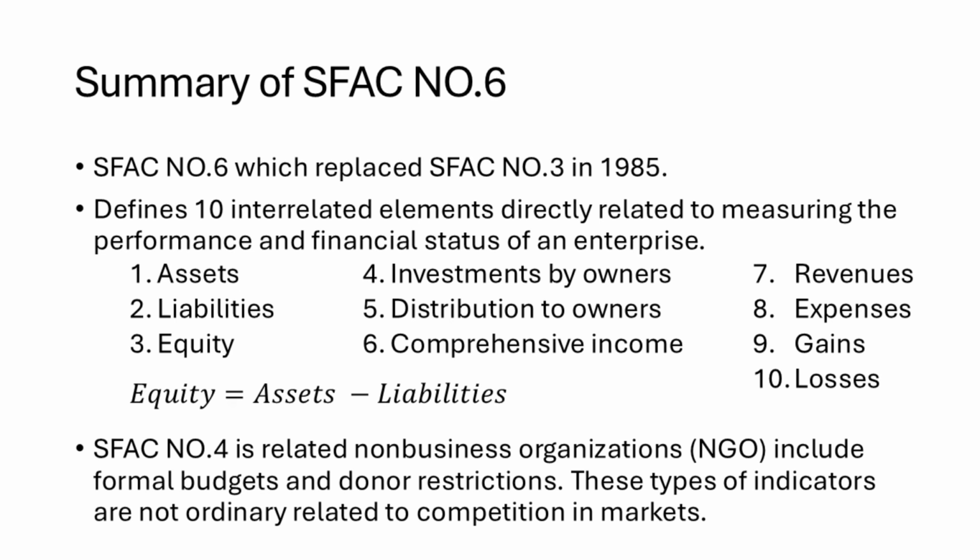So what are they? Okay, the first is about assets. Assets are probable future economic benefits obtained or controlled by a particular entity as a result of past transactions or events. Liabilities are probable future sacrifices of economic benefits arising from present obligations of a particular entity to transfer assets or provide services to other entities in the future as the result of past transactions or events.